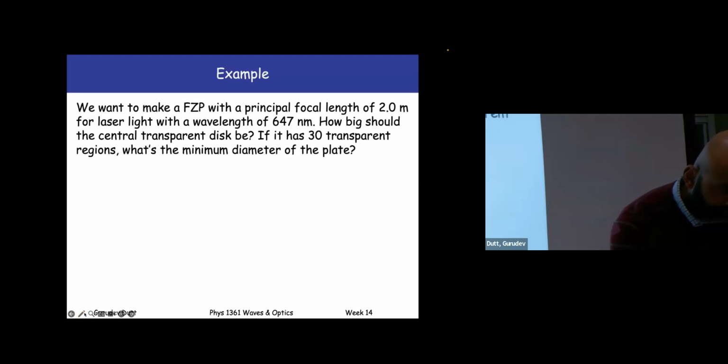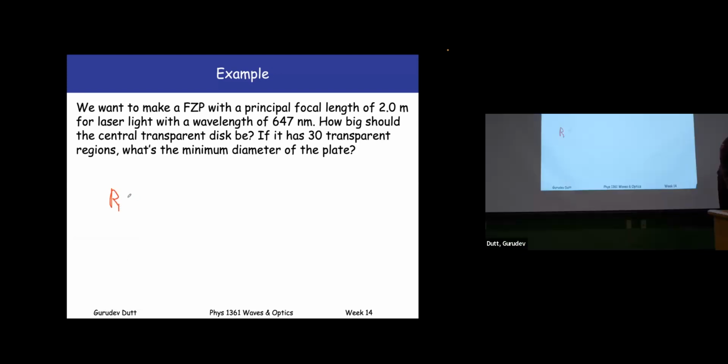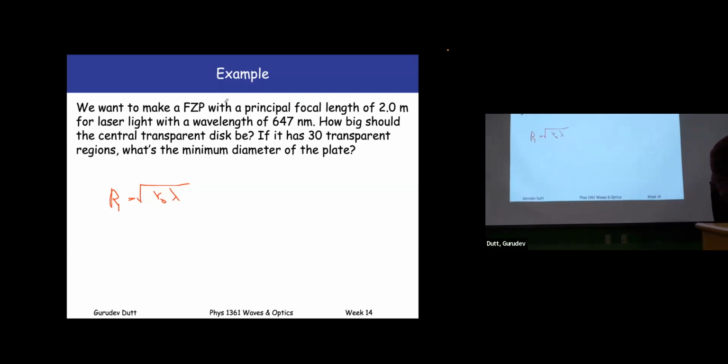So R1 is just the square root of M times R naught lambda. There's an M here, but M is equal to 1 for the first Fresnel zone. And R naught, we want that to be the focal length, right?